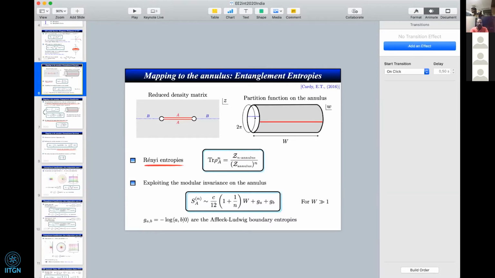Let's say that in some sense, the naive approach is that the reduced density matrix is a mixed state, so it's kind of a thermal state, but it's not homogeneous, right?